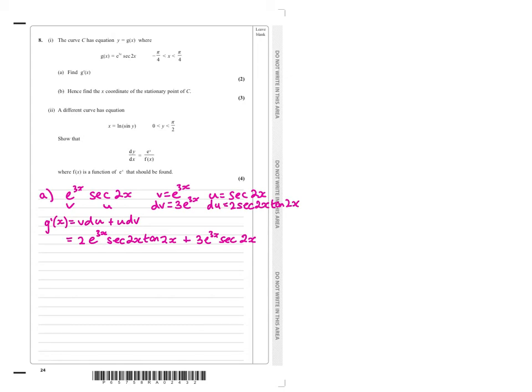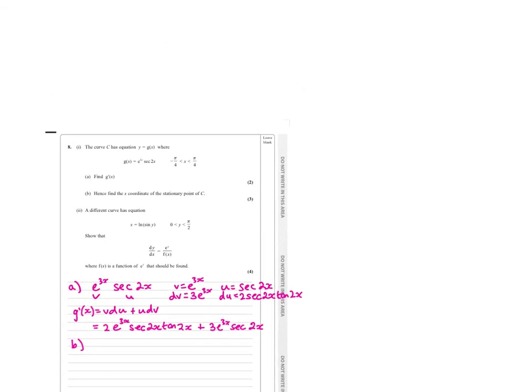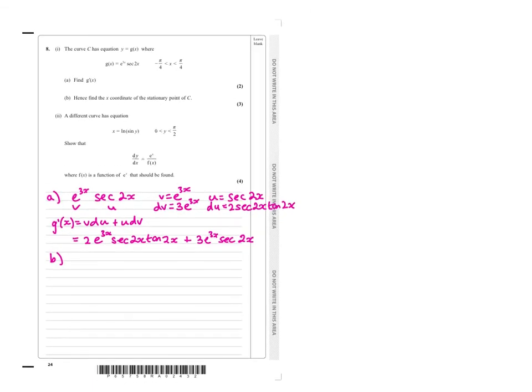B says, hence find the x-coordinate of the stationary point of C. So we know when we have a stationary point, the gradient equals 0. So I can see I've also got a common factor of sec 2x and e to the 3x. So that means I can factorise out e to the 3x sec 2x, and then in the bracket I'm going to have 2 tan of 2x plus 3.